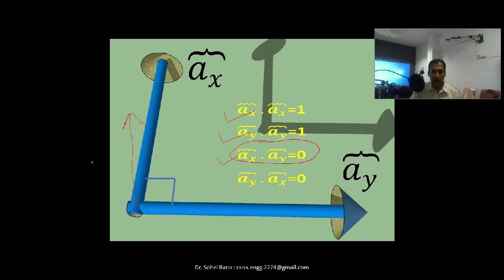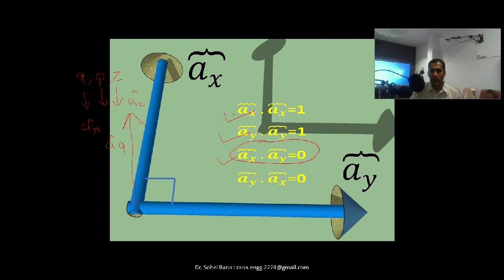Now what will happen if we consider the cylindrical coordinate system? In the cylindrical coordinate system, we have three components: radius r, angle phi, and height z. If we take the direction components for these three, for radius it is ar cap, for phi it is a phi cap, and for z it is az cap. If we take the dot product with any other vector in a different direction, the resultant will be 0.